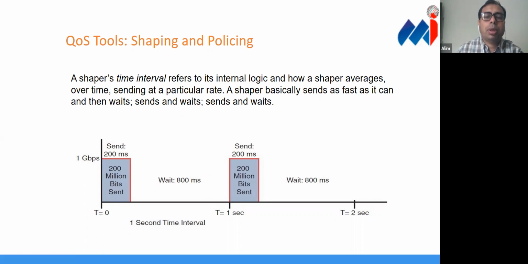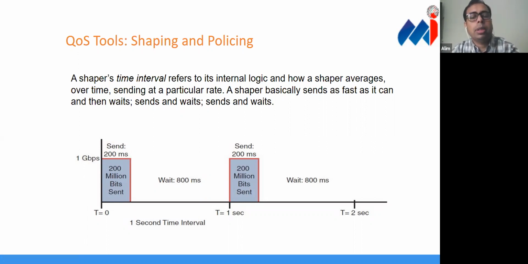Say we talk about a 1 second period. 1 second equals 1000 milliseconds.